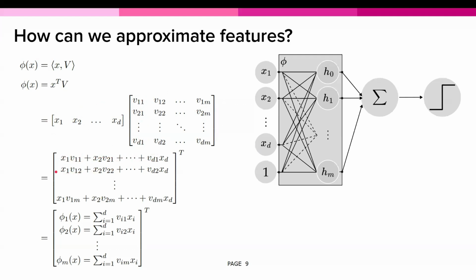And then for the second, that's going to be x1 times v12, plus x2 times v22, and finally xd times vd2.